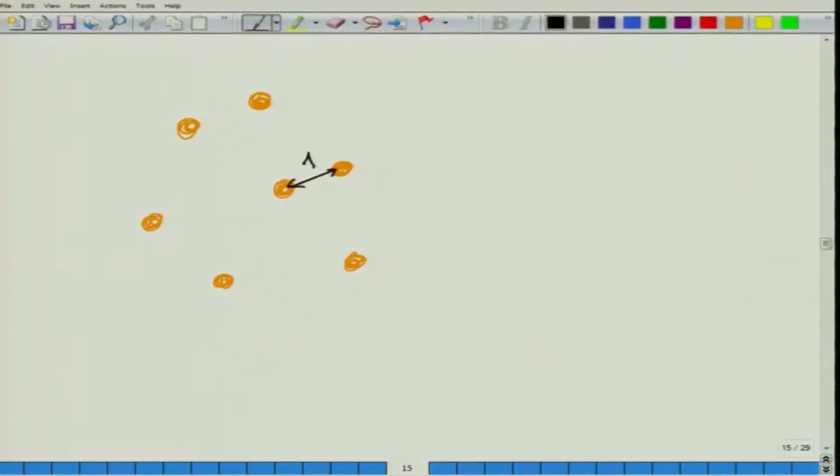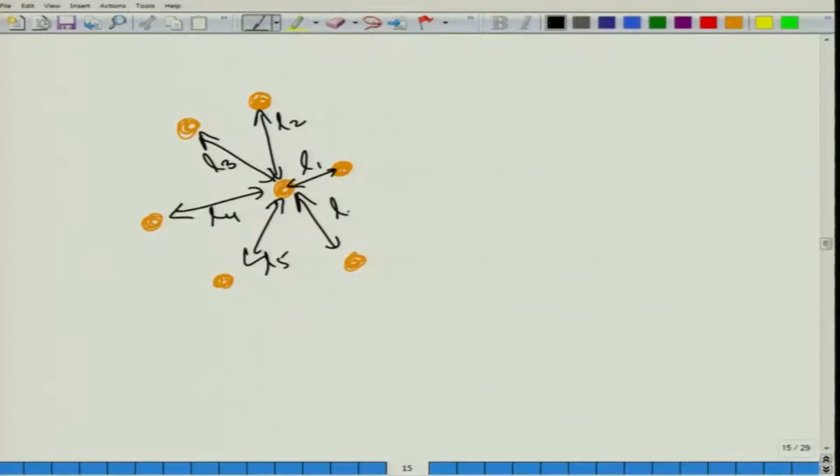So, this is the first nearest neighbor. Then suppose these distances are L1, L2, L3, L4, L5, L6.